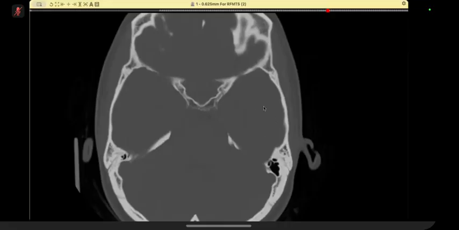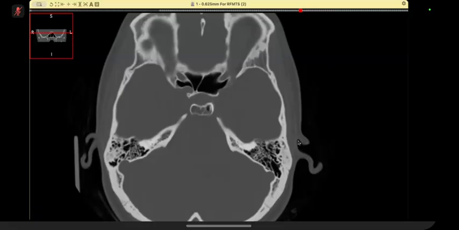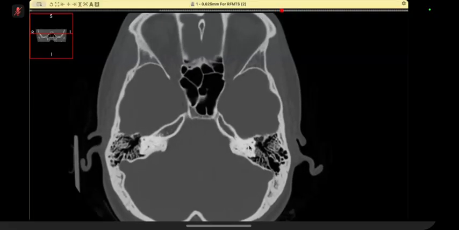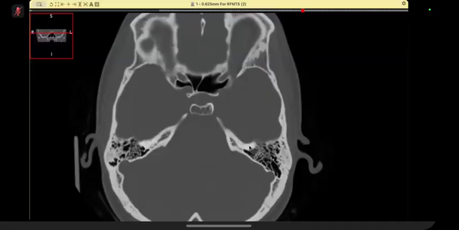We have gone into the middle cranial fossa, and then we have come down, and we can see the mastoid cells. What is this structure, candidate one? This is the mastoid part of the facial nerve. Of the facial nerve. Yes.